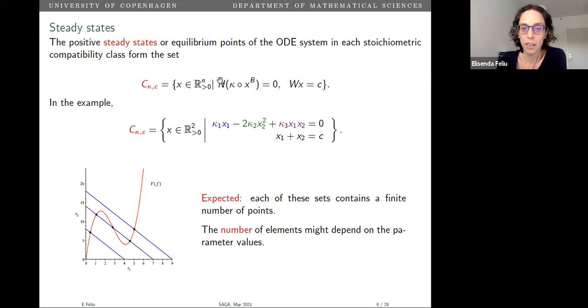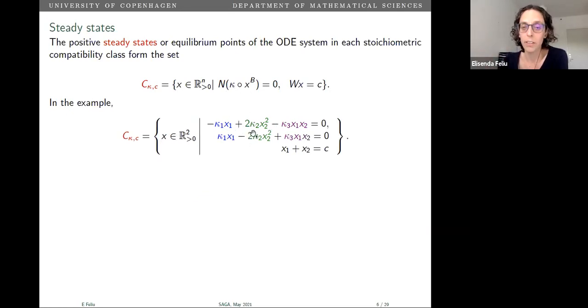Yeah, the linear equations arise from this n, right? So the W is a matrix such that W times n is 0. But once I get rid of the redundant equations, like here, this one arises because this plus this is 0. So I have x1 plus x2 constant.